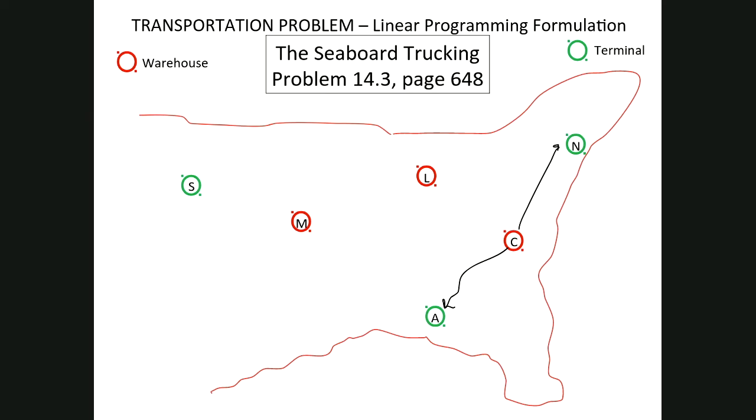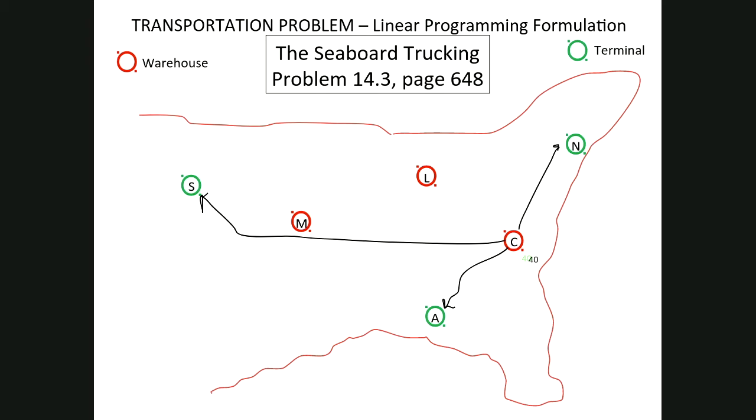And we know also that at Charlotte we have 40 trucks available that we can ship out. Let me choose a different color. That color didn't show up particularly well. We have 40 trucks that are available in Charlotte.